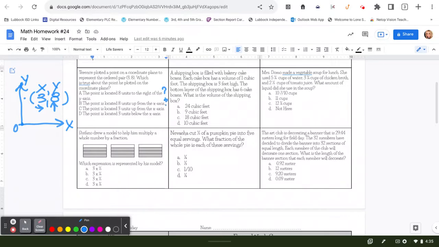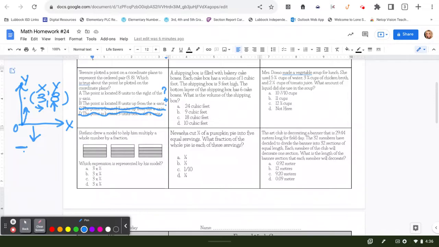What do we think? The point is located 3 units up from the x-axis. No. The point is located 3 units below the x-axis. Well, we're in 5th grade. We're not doing any negative integers right now. So we need to come back and look at A and B.